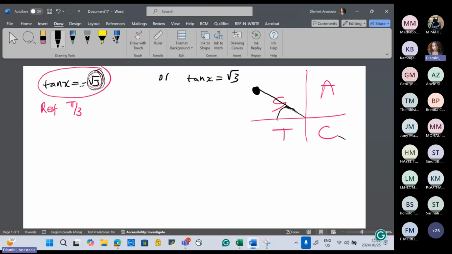Remember, it is π/3. So from here to here, what will be this angle? If we take this minus this, the distance between here and here is π/3.